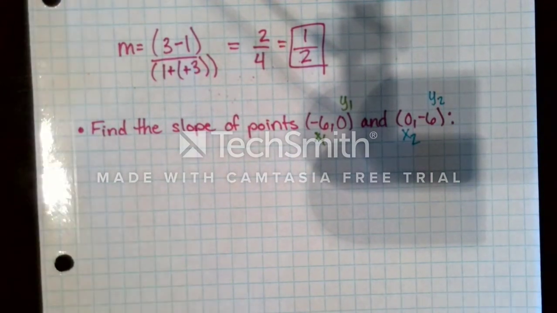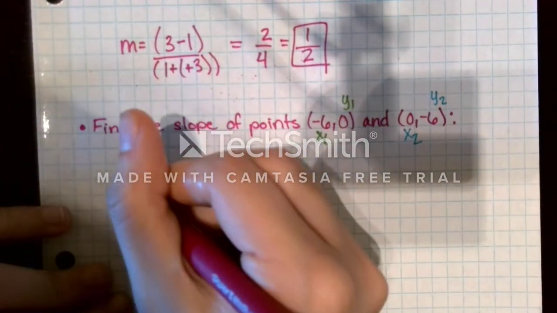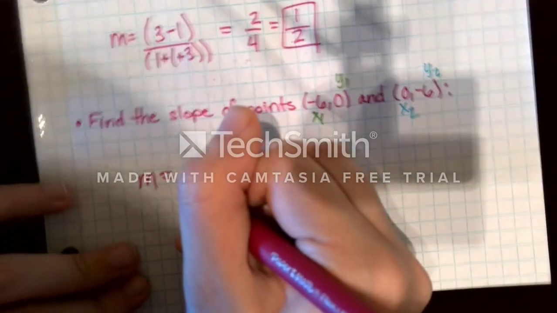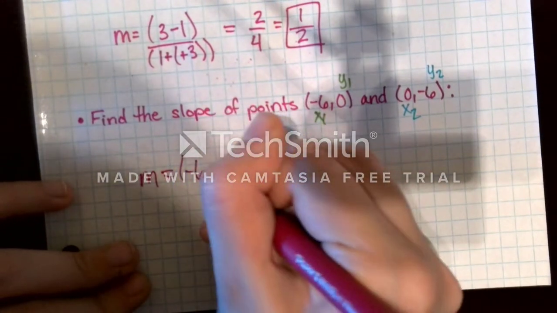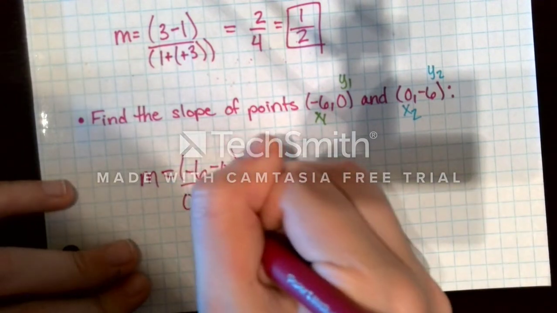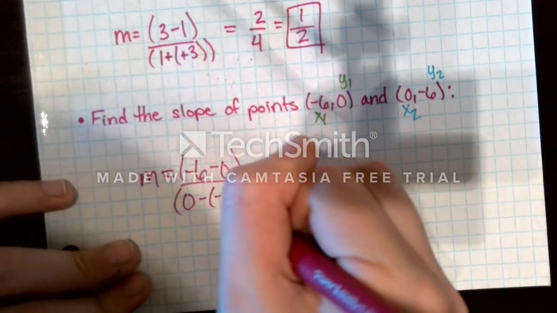Plug it in again. Your slope is equal to -6 minus 0 over 0 minus -6.